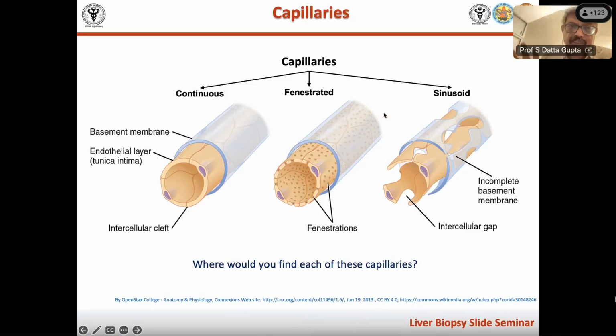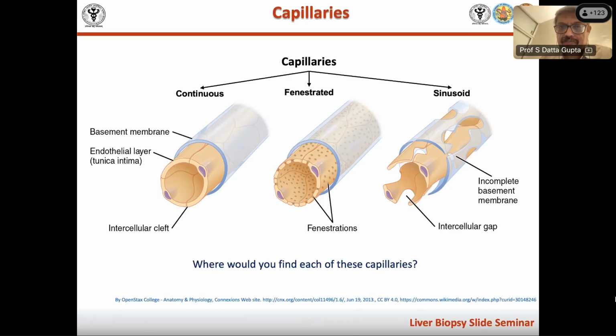So there is free flow of fluid from within the lumen to outside the lumen. Remember, there are three things: continuous capillaries, fenestrated capillaries, and sinusoidal capillaries. In general we call these sinusoids, and people mean that these are capillaries. Now, can anybody say where you find these? Continuous, one example; fenestrated, one example; sinusoid, one example.